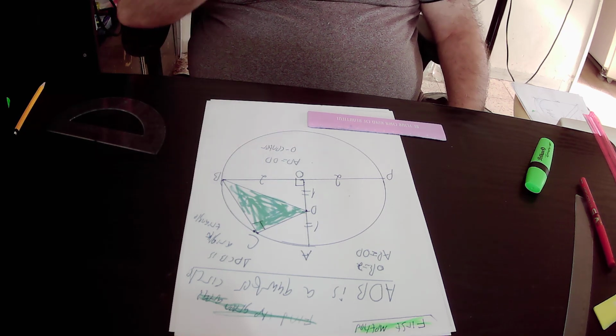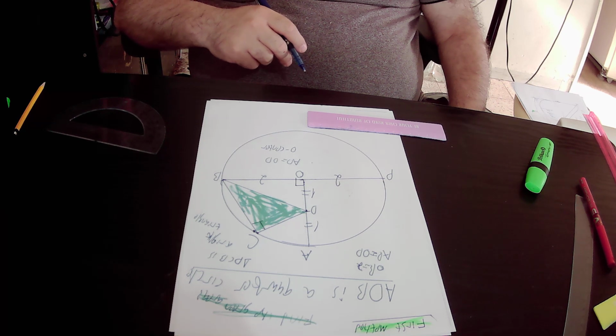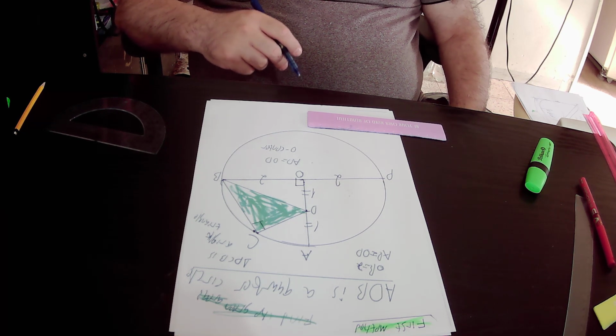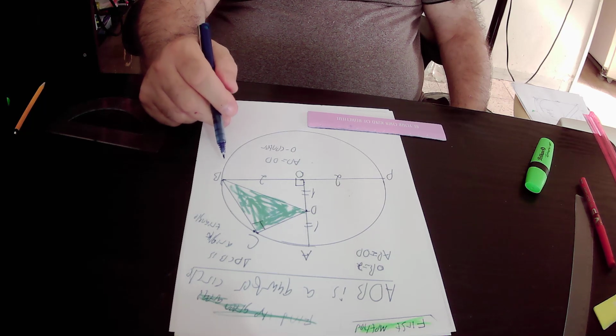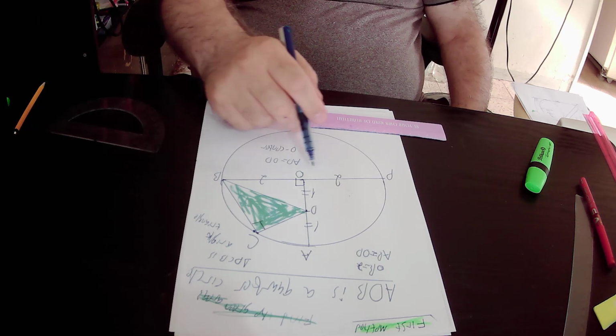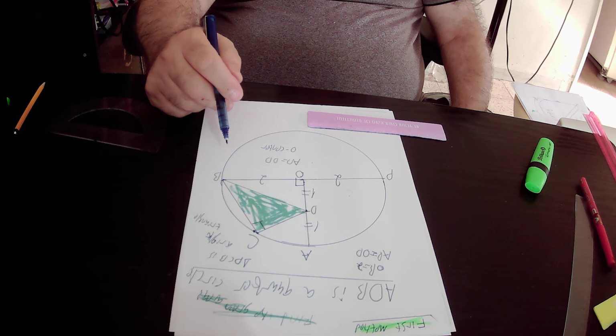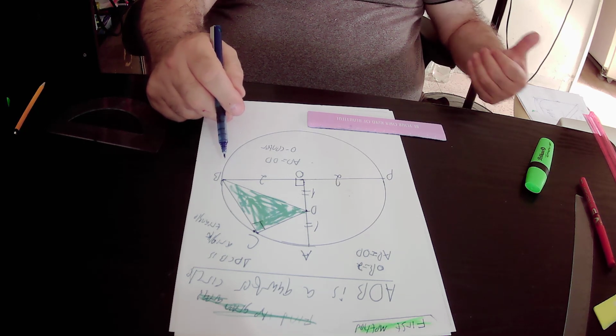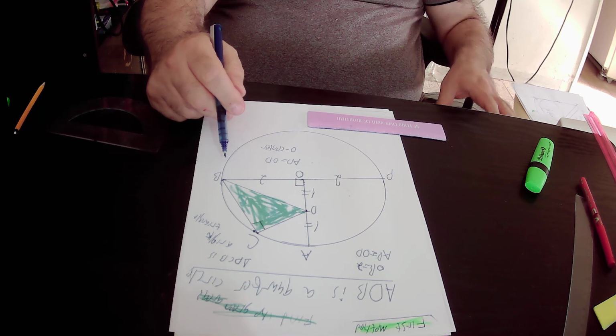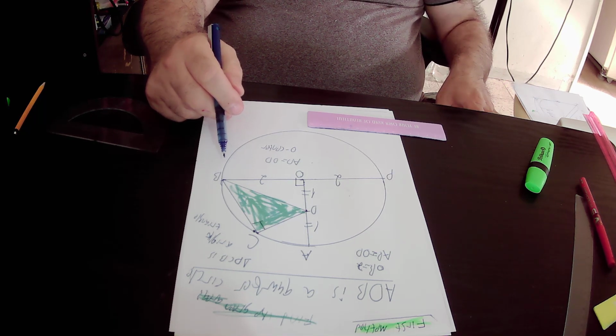Okay, so in the next step, we extended the radius BO by a straight line. BO as a radius is a straight line, and when you extend a straight line by a straight line, the result is a straight line.